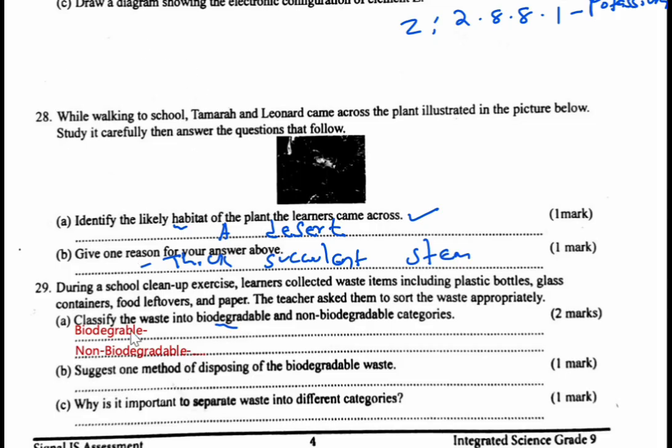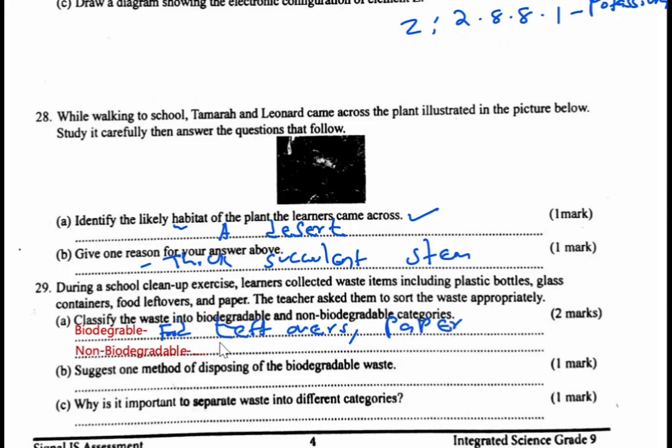So here we know that biodegradable, we have things like food leftovers. So it is biodegradable. And also paper. Paper is biodegradable. What about non-biodegradable?